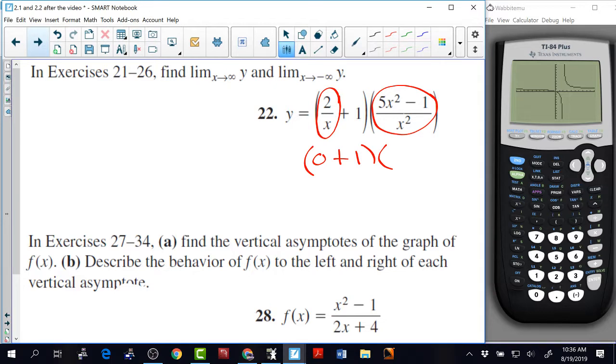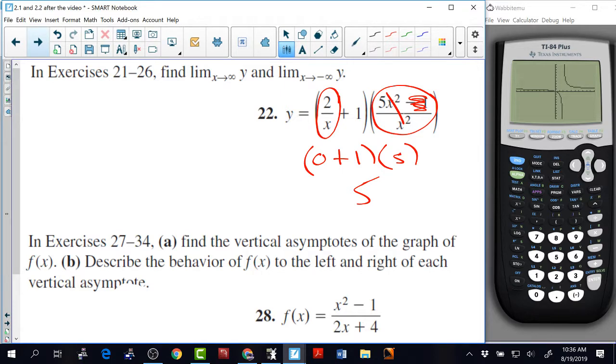When you're going to 3 billion, you think minus 1 really matters? 3 billion minus 1? No, doesn't matter. So for large values of x, this doesn't matter. For small values of x, it matters a lot. If you're plugging in a value of 1, that minus 1 is a big deal. When you're plugging in 55 billion, doesn't matter. So then those cancel out, you're just left with 5. 1 times 5 is 5.